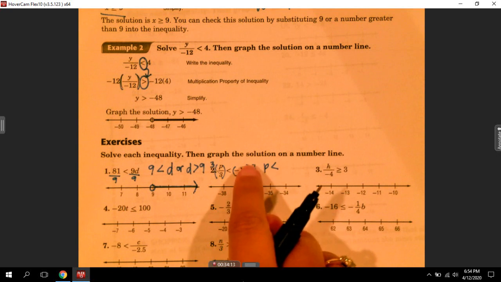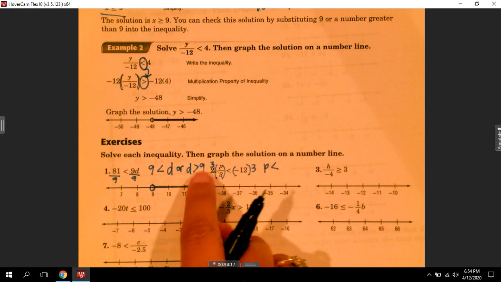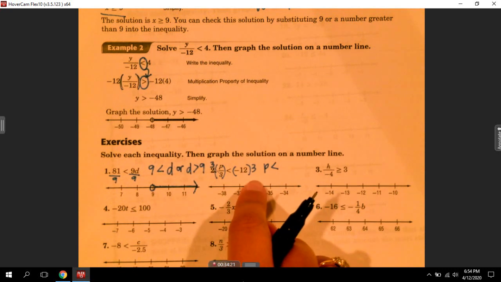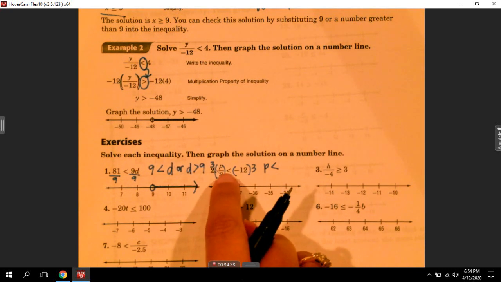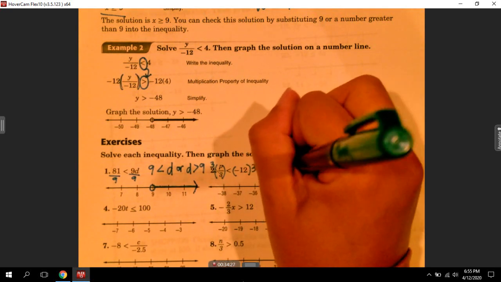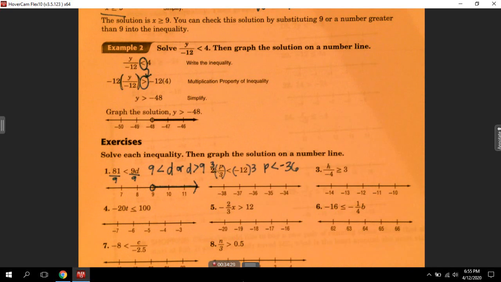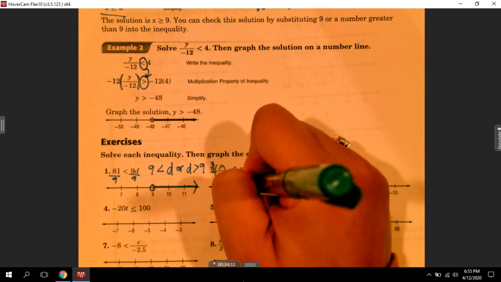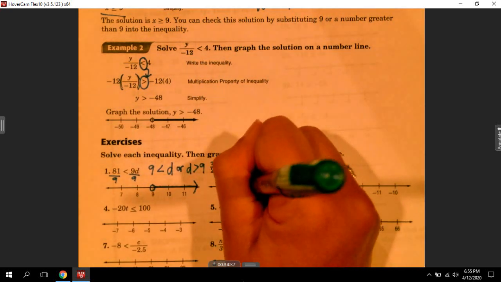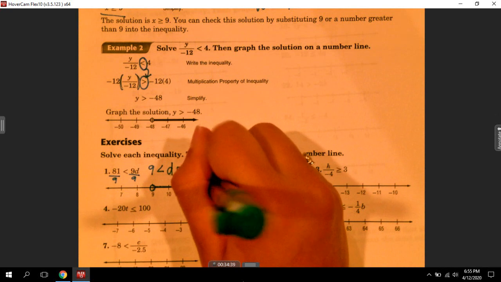It's a negative number over here, and that's okay. Nothing happens when you have a negative over here. It only changes when whatever you're dividing both sides by is negative, okay? So in this case, it stays the same. So negative 12 times 3 is negative 36. So P is less than negative 36. So that means it's going to be an open circle on negative 36, and it's everything less than that, so smaller to the left direction.